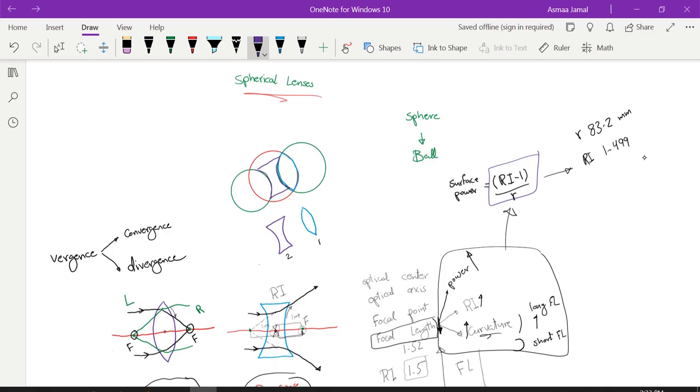First thing we need to do is convert this millimeter into meter by dividing it by 1000. So the result will be 0.0832. That's the radius of curvature, now in meters. And the refractive index here is 1.499 minus 1. The result here, we will divide by this radius of curvature, and the result will be 6 diopter. So we measure the power in diopter.